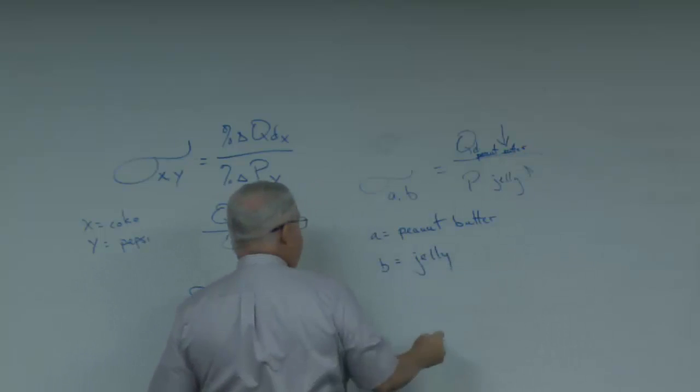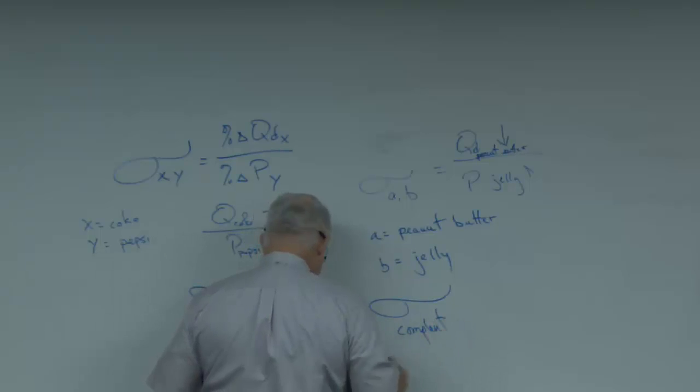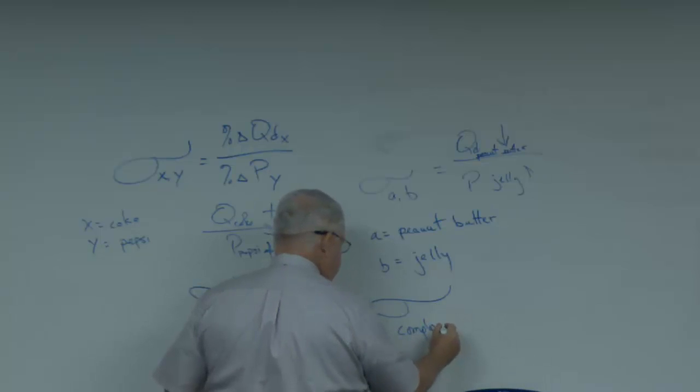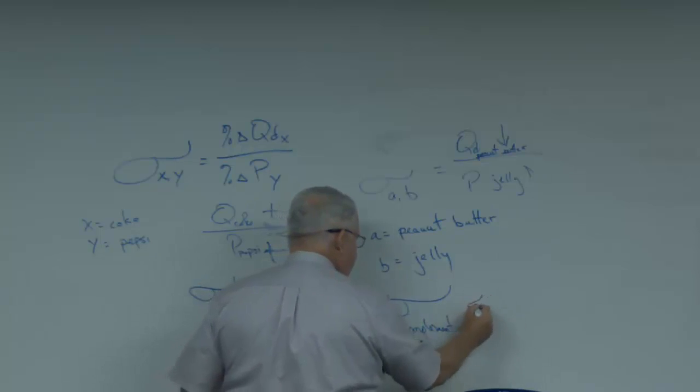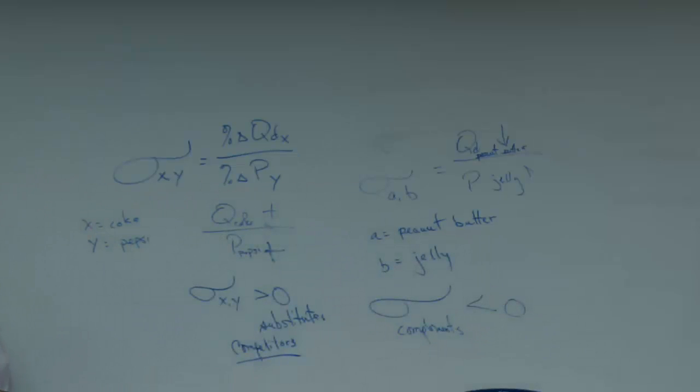And so in this case, the goods are complements, except I can't spell it anymore. And the sign will always be less than zero. It'll always be a negative. Okay so far?